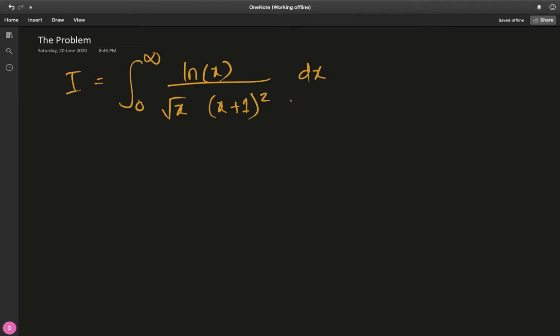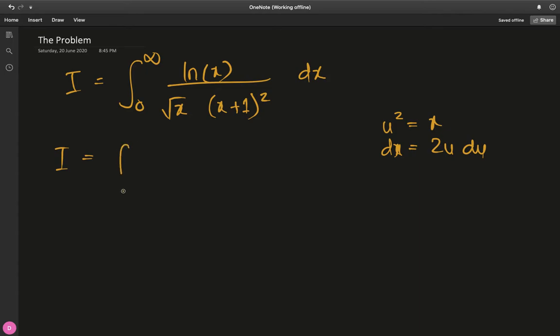If you are used to dealing with square roots, the classic technique is to get rid of the square root by a substitution. You let u squared equal x, such that the root of x is just u, so you have a linear term in place of the square root. Then dx is 2u du, and the upper and lower bounds are unchanged, so that's great.